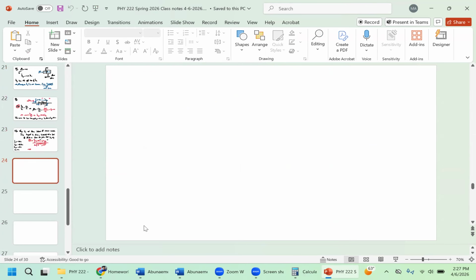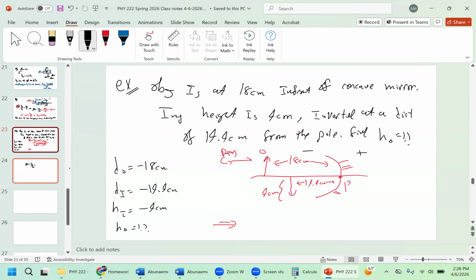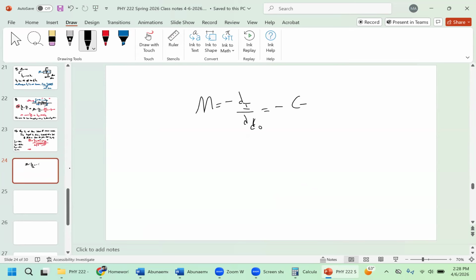So your magnification in this case is minus di over do, which is we already got di minus 14.4 divided by do, which is minus 18.